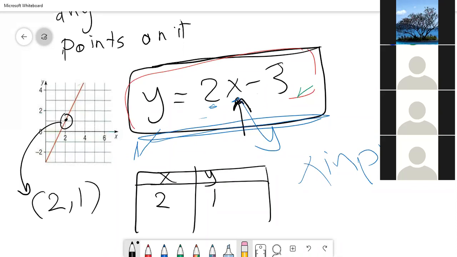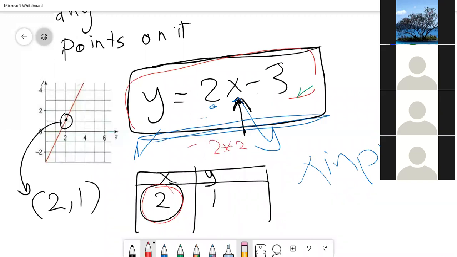What are you going to put for x now? 2. So 2 times 2, right?